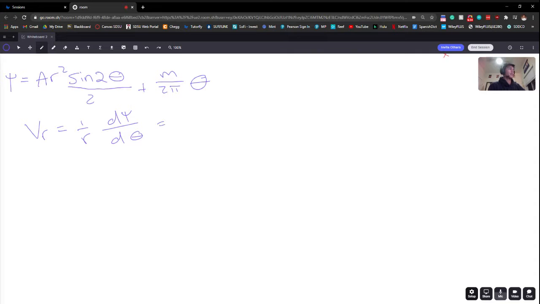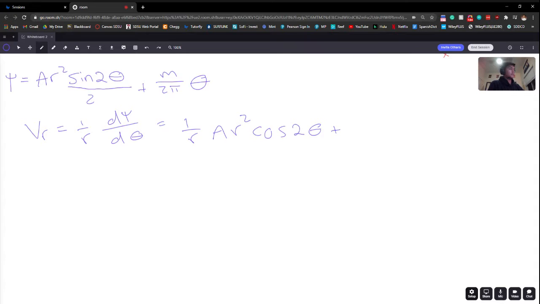So we take the derivative of this up here. We get 1 over r, r squared stays the same because it's with respect to theta. The derivative of sine 2 theta is cosine of 2 theta times 2, so the 2 cancels out and it's just cosine of 2 theta.